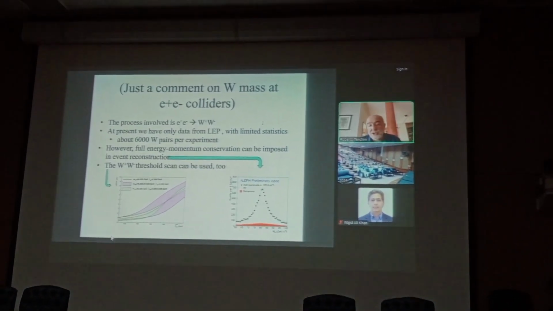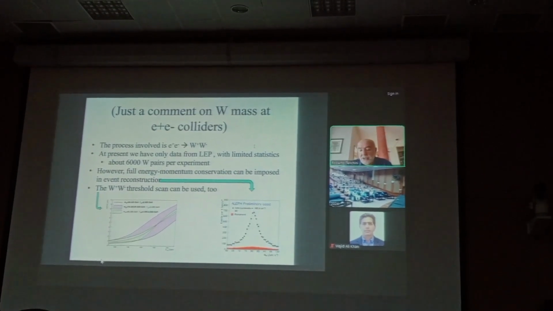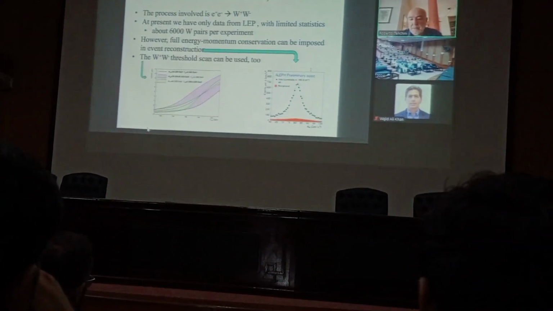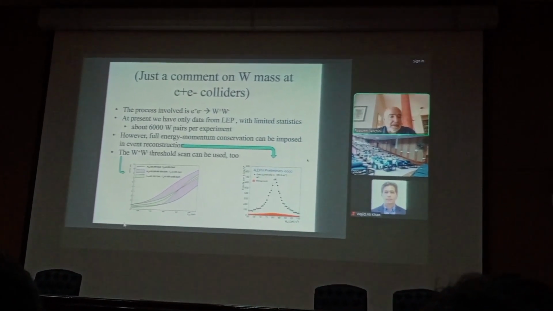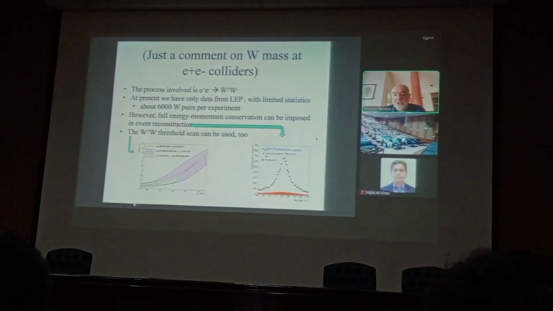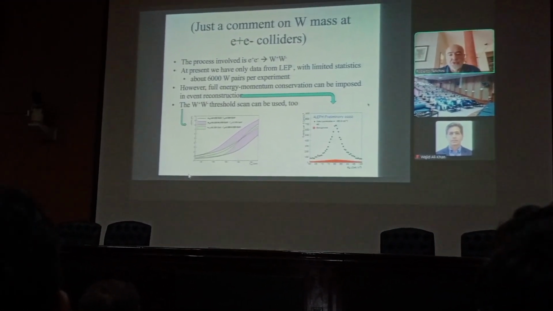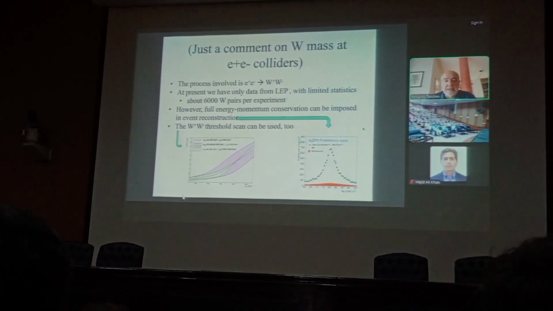Then we can really measure the invariant mass of the W, and the invariant mass of the other W. You can see in the picture at the bottom right, you have a real Breit-Wigner which is convoluted with a Gaussian because of the resolution effect. So you don't have a Jacobian peak, but you have a real peak at the W mass.